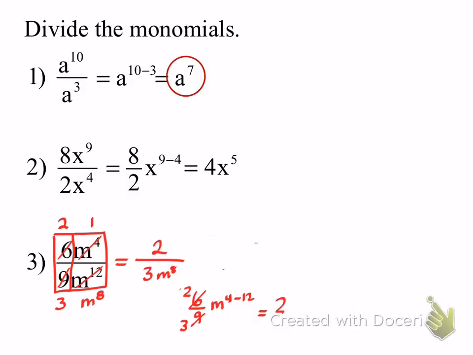So we know it becomes 2 over 3, and it's m to the negative 8th. Now, if it's m to the negative 8th, how would I write that as a positive exponent? Shaylin. Well, the exponent would be 1 over m to the 8th power. Right, and so where would it go? I'm going to have what in my numerator? 2. 2 over 3m to the 8th.